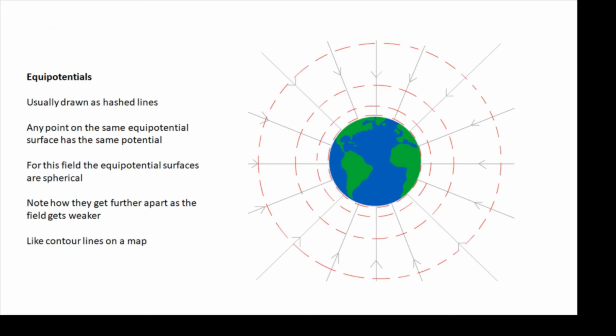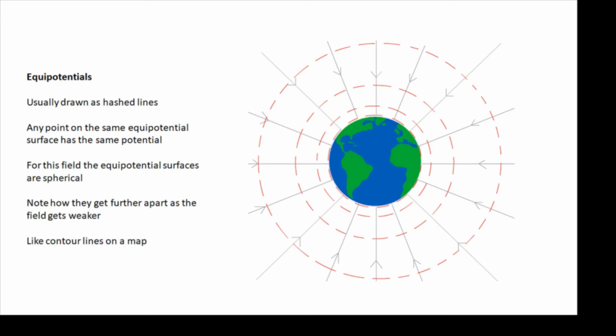Equipotentials. This is a diagram. The red hashed lines on this diagram are equipotentials. The grey lines are field lines, usually drawn as hashed lines. What is an equipotential? Any point on the same equipotential has the same potential. In this diagram around the Earth, we talk about equipotential surfaces, and they are spherical.